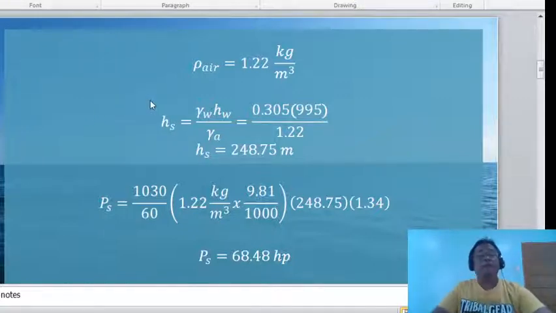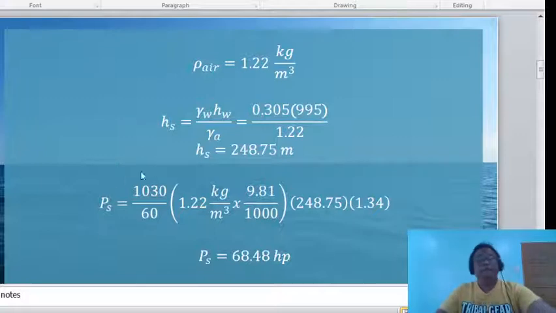Okay, class, so substituting now the values. The discharge is 1030 over 60 to make it cubic meter per second, multiplied by 1.22, the density of air, and then changing it to kilonewton per cubic meter, and then multiplied by the static head, which is 248.75, multiplied by 1.34 to make it horsepower.